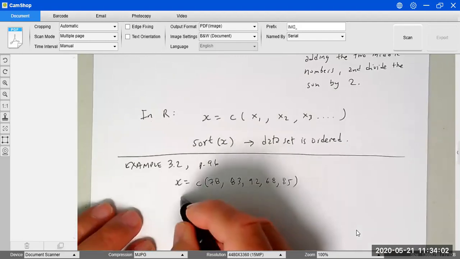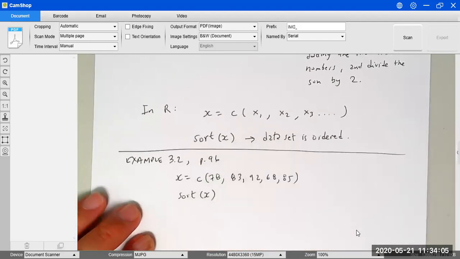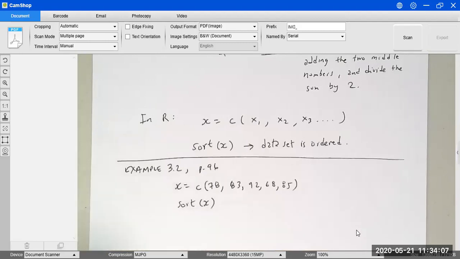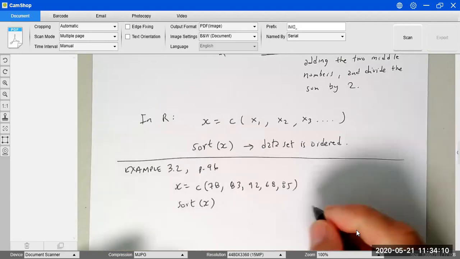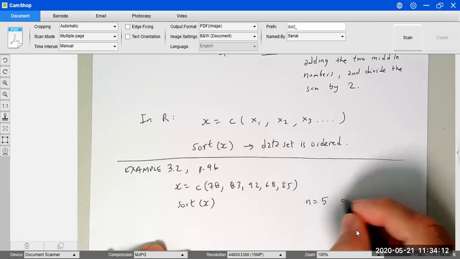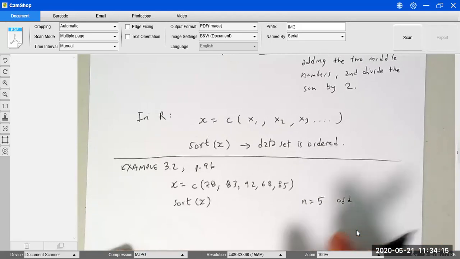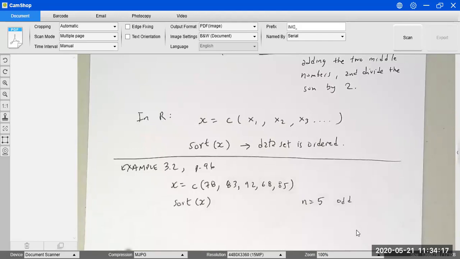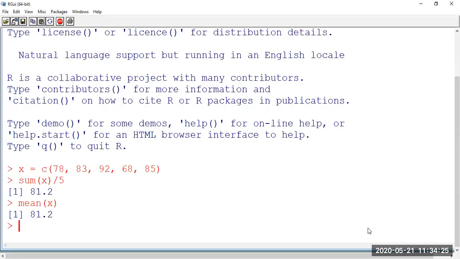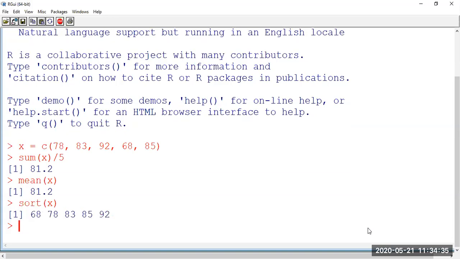We're going to use sort x first, and we have 5 values, n equals 5, so this is an odd number, so you just look for the value at the middle of the set. Let's go and do that with R now. We enter before 78, 83, 92, 68, 85. We have X already there, but I need now that data set in order. So I have it now in increasing order.